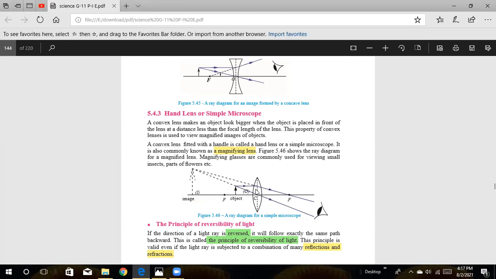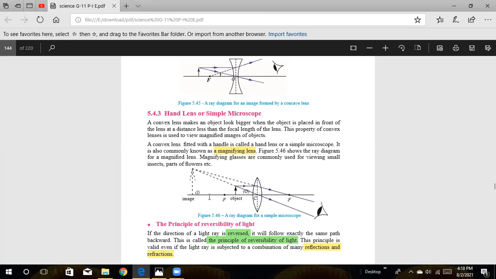And these rays meet in this place. The image appears in this place. The image is also formed on the same side. Right? It is larger than the object when magnifying.